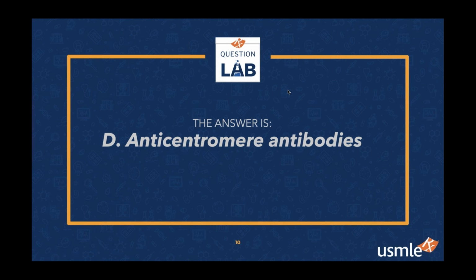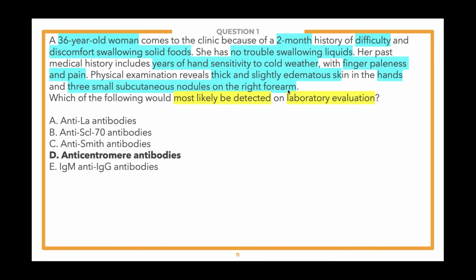Definitely one of those tougher MSK rheumatology type questions. So let's take a look at what's going on here. We've got a younger female patient, and she's got a few things going on. She's having some dysphagia, some discomfort swallowing.